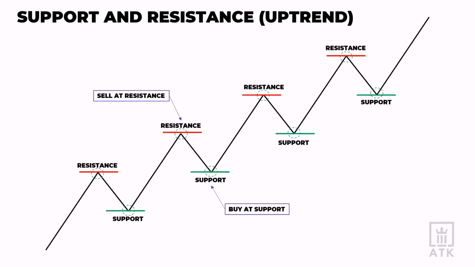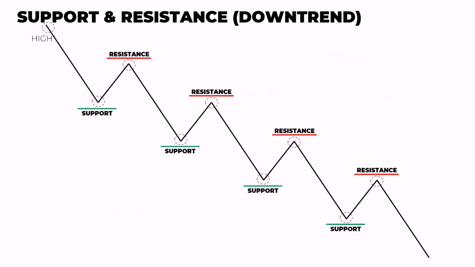All right. So on a downtrend, it's the same thing where we have a high and that high will come down to support. It'll hit support. And if that support is strong enough, price will bounce off of that because that's the floor. It bounces and it bounces up to the ceiling and hits resistance.